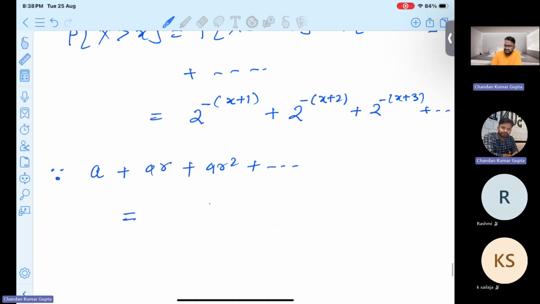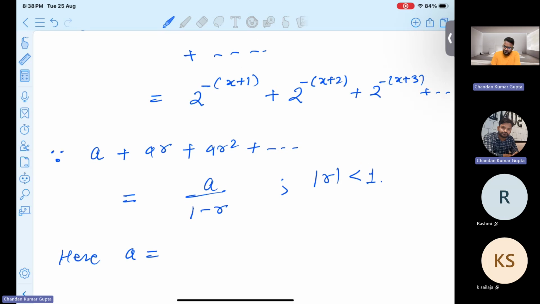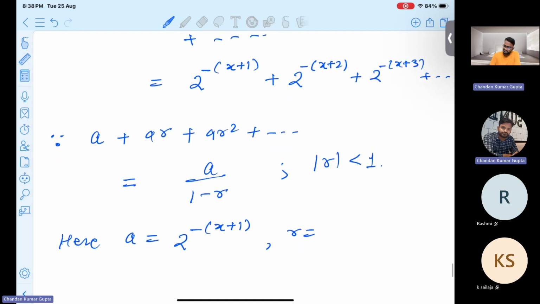It can be written as a upon 1 minus r if the modulus value of r is less than 1. If the modulus value of r is greater than 1, then it is r minus 1. So here a, the first term, equals 2 to the power minus of (x plus 1), and r is obviously 1 by 2.